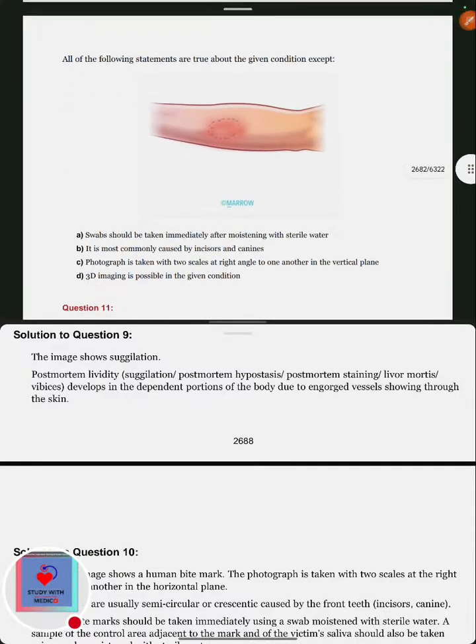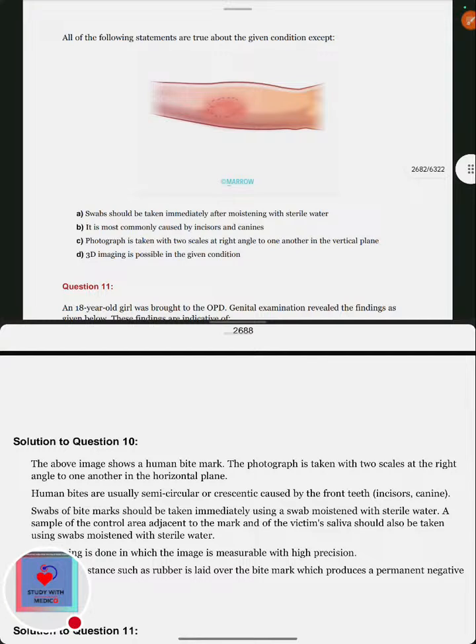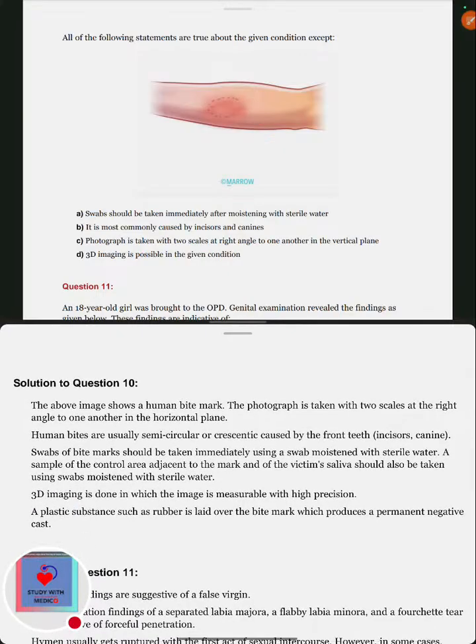All of the following statements are true about the given condition except: this is a human bite mark. Photograph is taken with two scales at right angles to one another in the horizontal plane.